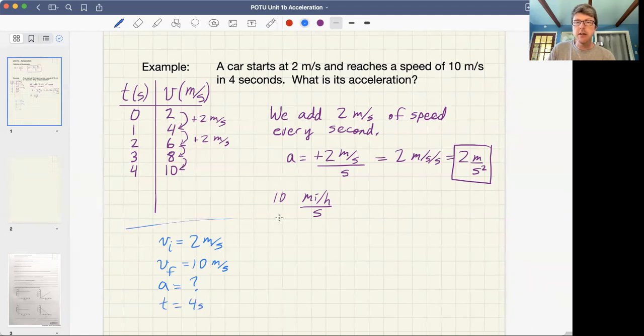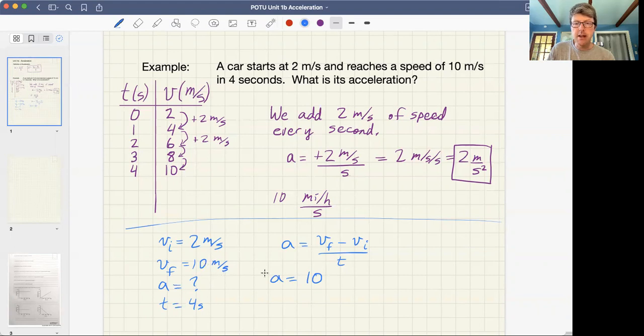And we can actually use the equation. So we can say A equals final speed minus the initial speed over time. So we can put all these values in there. So here's the acceleration equals final speed is 10. I'm not going to write the units now just because it'll make it a little bit messy, but I have to remember that those units really do exist.